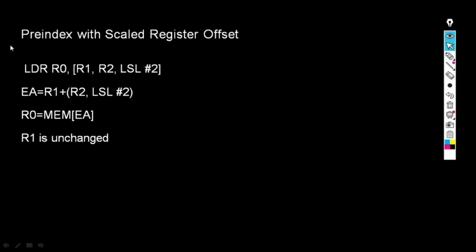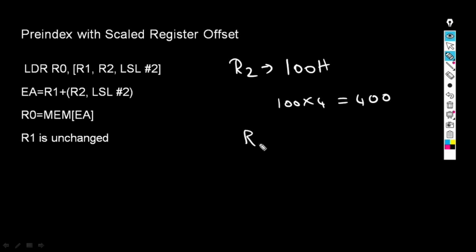Next is the scaled register offset topic. With pre-index, let's assume our R2 value is 100 hexadecimal. What happens when you shift left 2 times? It will be 100 into 4, that is 400. Let's take our R1 value. Now this is the result of R2 LSL #2. Let's take the value in R1 as 400 only.